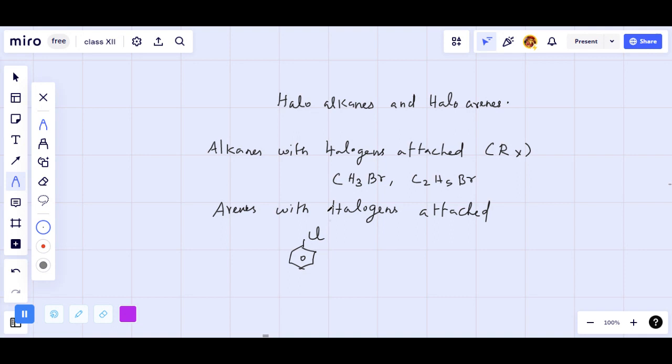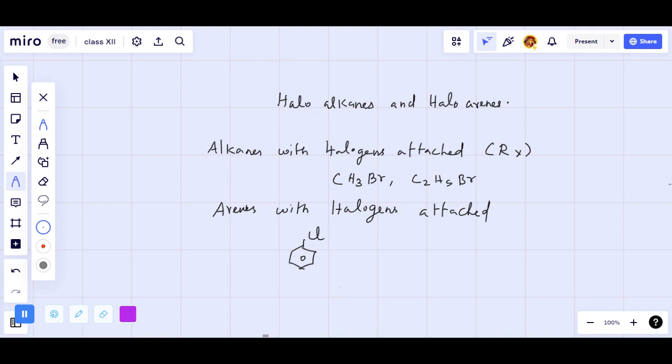So if Cl is attached to this, it is a haloarene. So that means the replacement of hydrogen atoms in a hydrocarbon, whether it is aliphatic or aromatic, by a halogen atom results in the formation of haloalkane and haloarene.